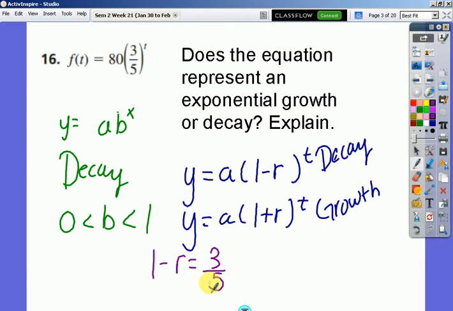So subtract 1 on either side, you get negative r equals negative 2/5. R equals 2/5, Abby. So that expressed as a percent is 40%. Do you have any questions? No questions. Right.